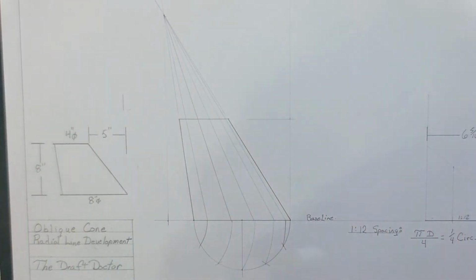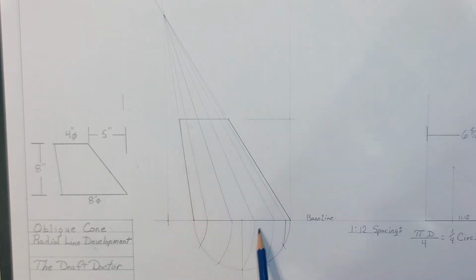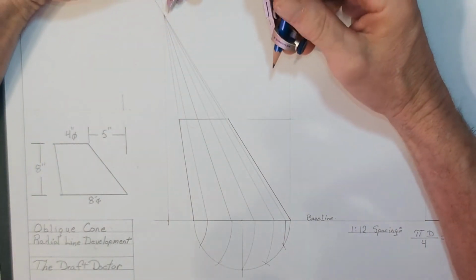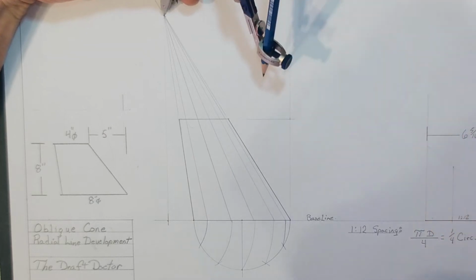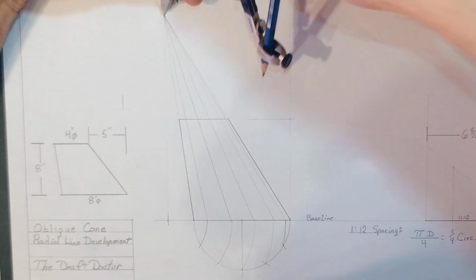These element lines will now be in their actual true length and are located on the top and bottom rounds where they lie. So now, quite simply, what I need to do is start my radial line process. I'm going to swing arcs that represent all of these true lengths up into where my pattern development will happen.